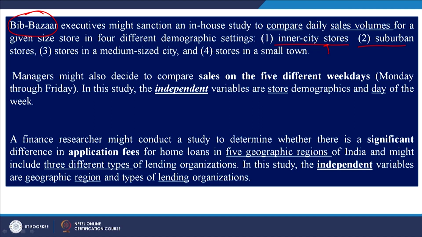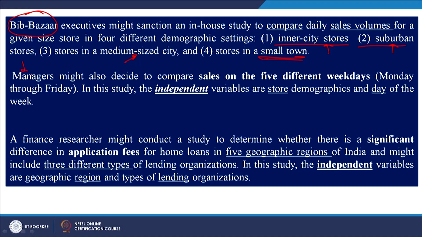Let us say one of them is in the city, the other one is in suburb area, the third one is in a medium sized city, and fourth one is in a small town, right. So, there are 4 different stores of Big Bazaar, and the executives want to know how the sales figures are in these 4 stores, right.